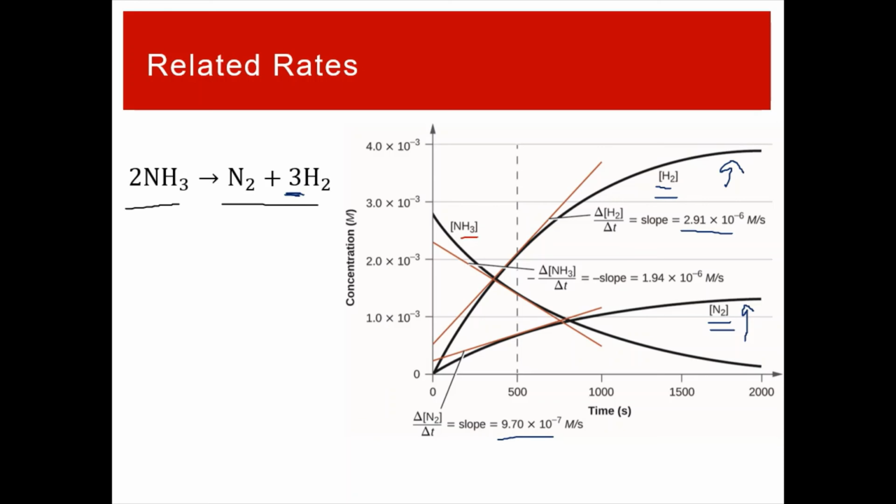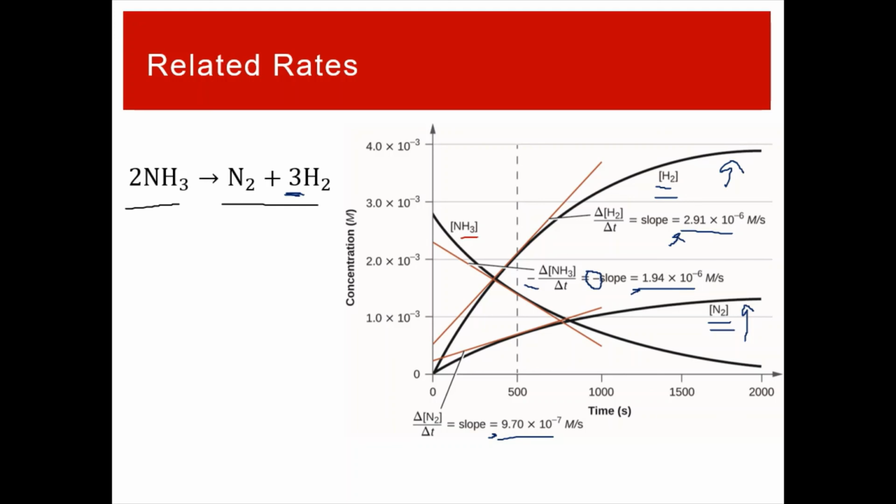And then the NH3, it is negative, right? So we expect it to be negative, and so they've taken the negative of it here to get the value, and then it's kind of an intermediate number. It is 2 times the rate of the N2, so this is 9.7 times 10 to the -6. Multiply that by 2, you get the 1.94 times 10 to the -6. If you multiply by 3, you get the 2.91, or close to 2.91.